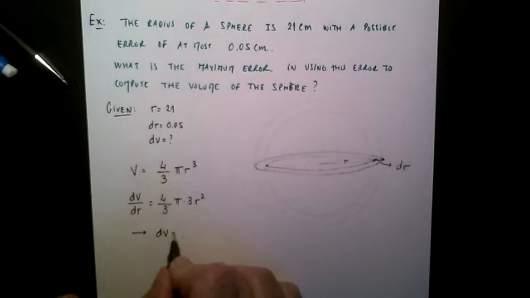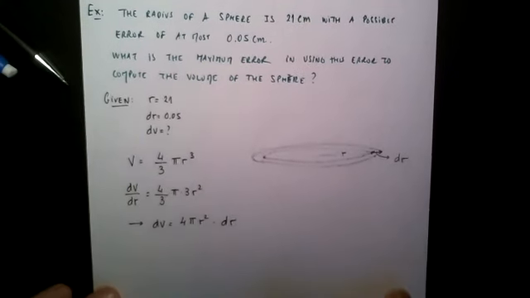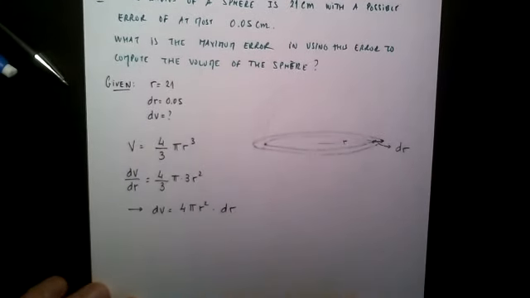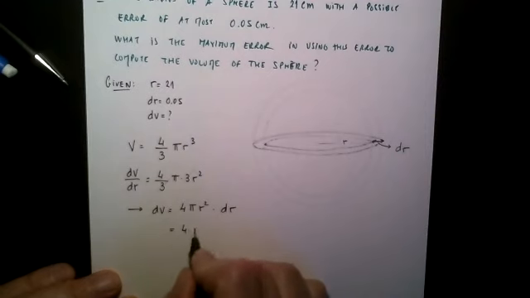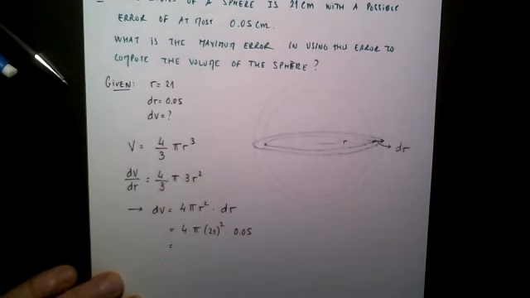And so dV is 4 pi r squared times dr. And I have everything now. I could calculate dV. 4 pi 21 squared times 0.05.